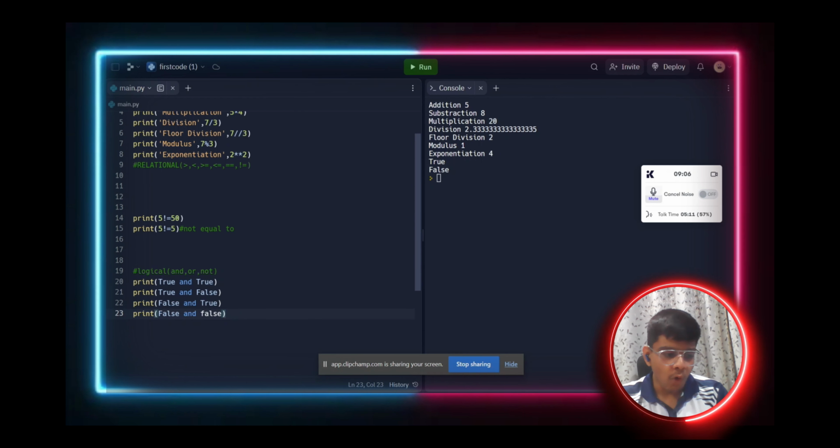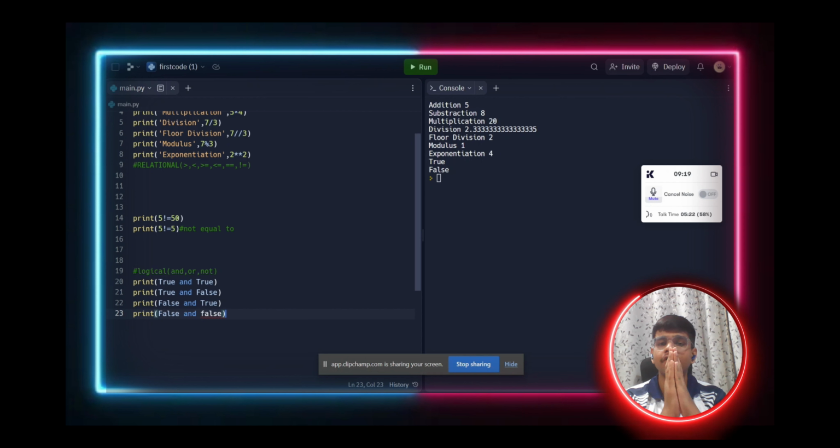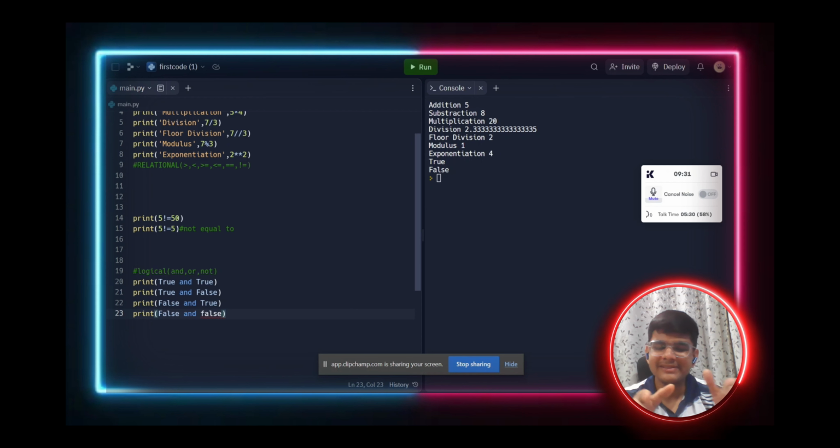Now we will go towards the logical operators, that is and, or, and not. Basically, AND is a logical operation you have studied in digital logic design. If you have gone through the digital course, maybe in your second or third semester, most engineering branches have it, but if you are not from an engineering background, then don't stress it out. I will explain. Basically, what does the AND operator do? You have seen Oppenheimer or any Parmanu movie.